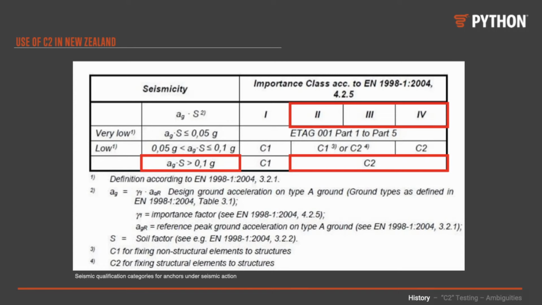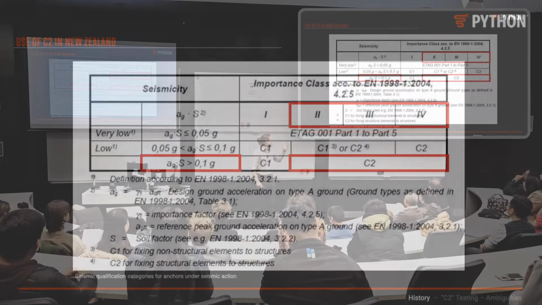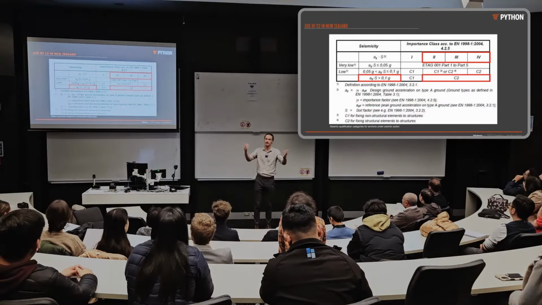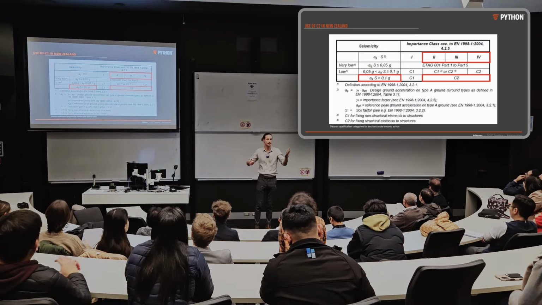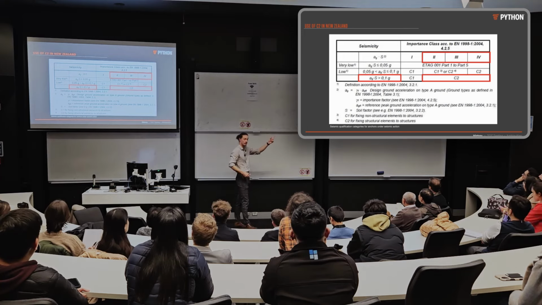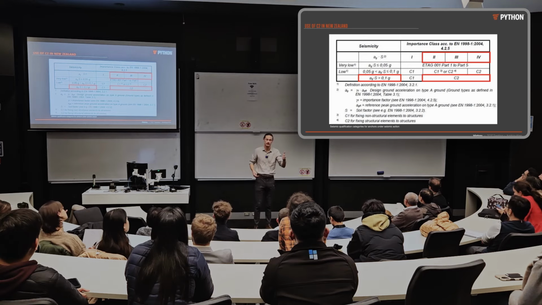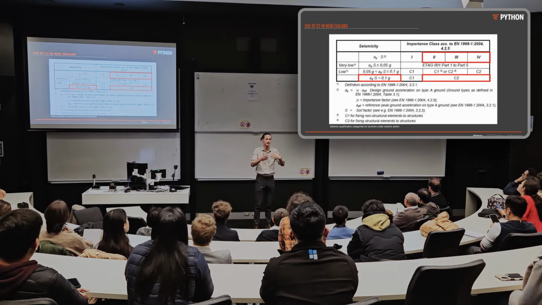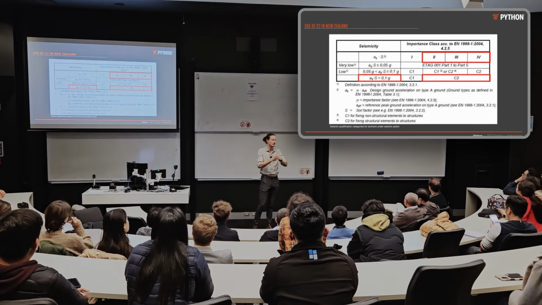Now, this is with regards to what capacities you should be using. This is straight out of Eurocode. Whether or not we look at using a C1 or a C2 capacity is a function of importance level and the seismicity of the area. The Eurocode importance classes actually align quite closely to ours in 1170, and for scenarios like this, we can take them as a one-for-one.